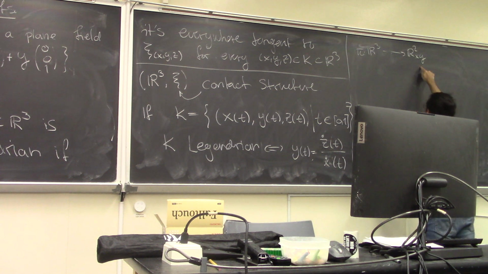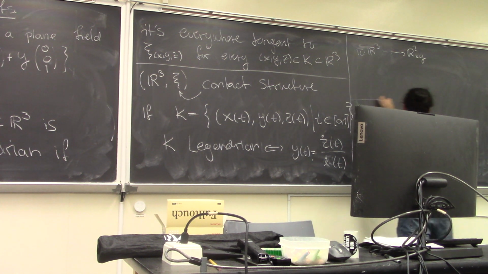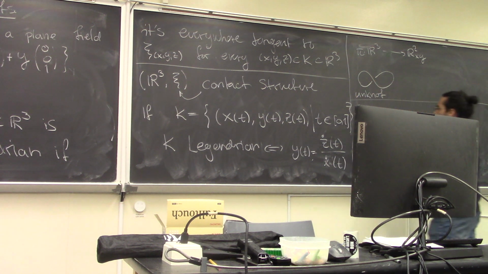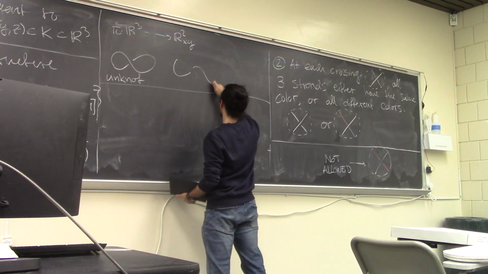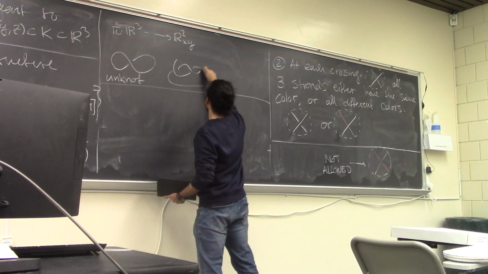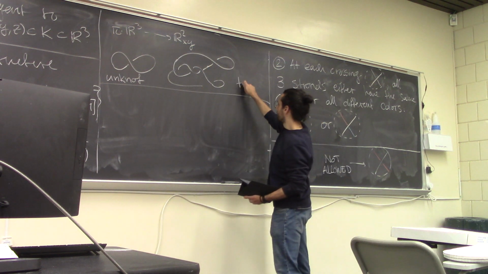The first one is to the xy plane, and the projections of these knots look a little bit weird because I have a restricted amount of freedom. So the projection of the unknot will need to look like this. I cannot untwist this twist in the unknot, and the trefoil needs to have 2 extra twists in it, and I cannot undo them.